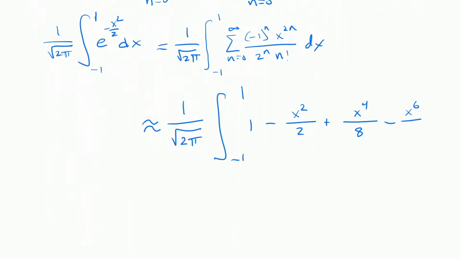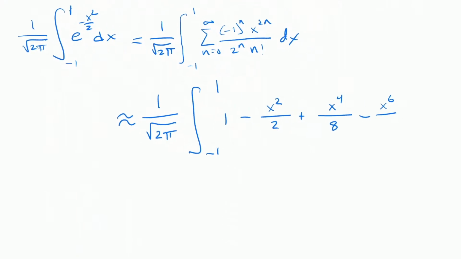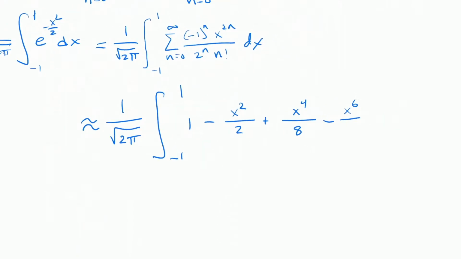So minus x to the 6th over, what is this going to be here? 2 to the n times n factorial. Sorry, I just had a little brain freeze. It's going to be 6 times 8, 48, because that's 2 to the 3rd times 3 factorial.